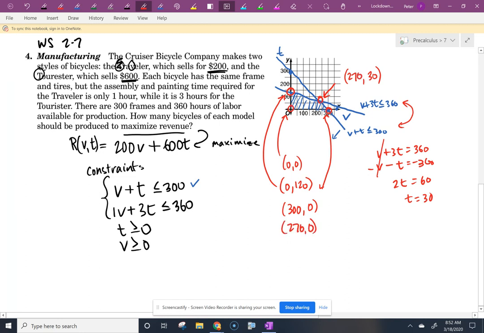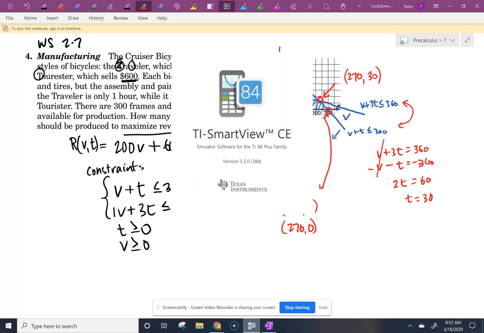Now, one of these will give us a maximum revenue. How do I find that out? I just take all these points and plug them into the revenue and see which one's the best. Now, we know 0, 0 is out. If I put in 120 for T, then I'm going to get 600 times 120, and hopefully my calculator fires up, because off my head, I don't know what that is. Let me use my phone real quick. Where's my calculator on this thing?